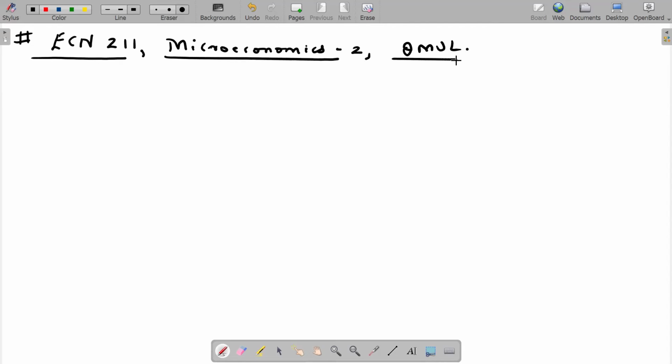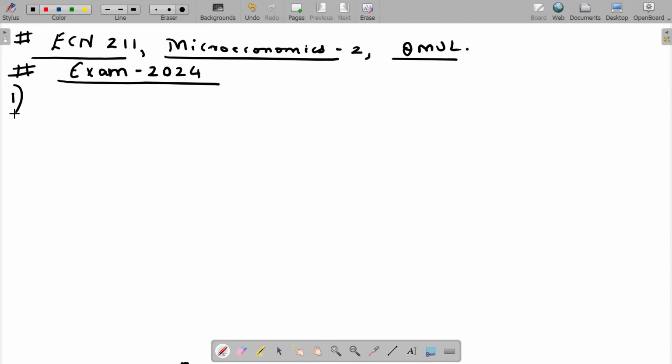In this particular lecture, we are looking at the discussion of the mock paper, or I can say the exam for 2024. So we are looking at question number 1.